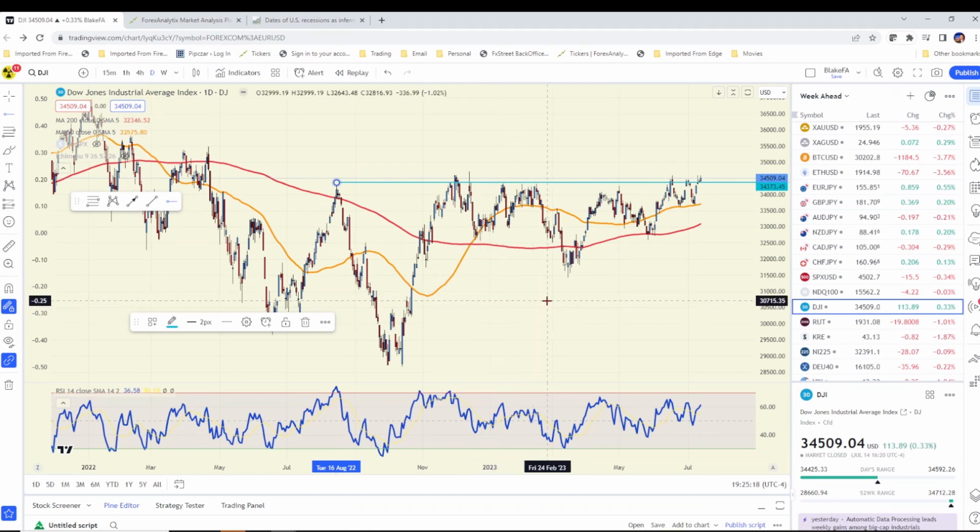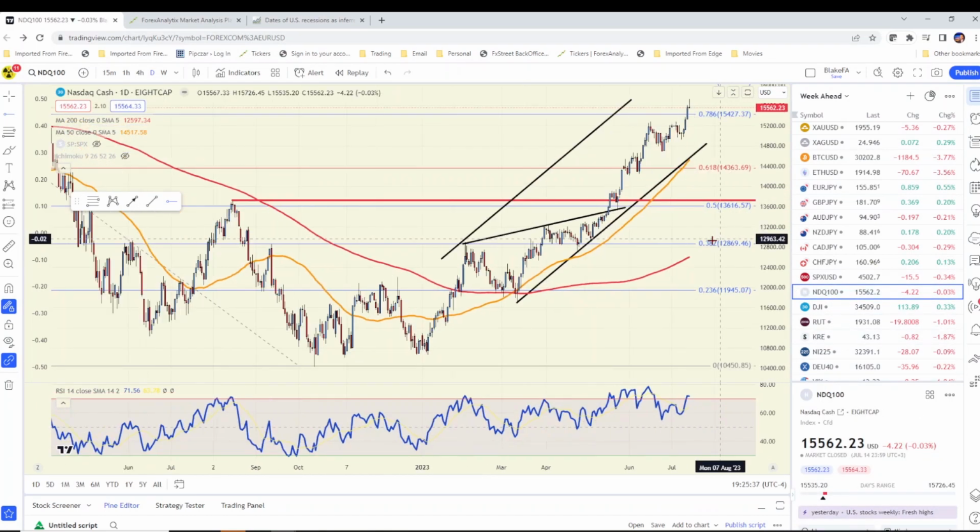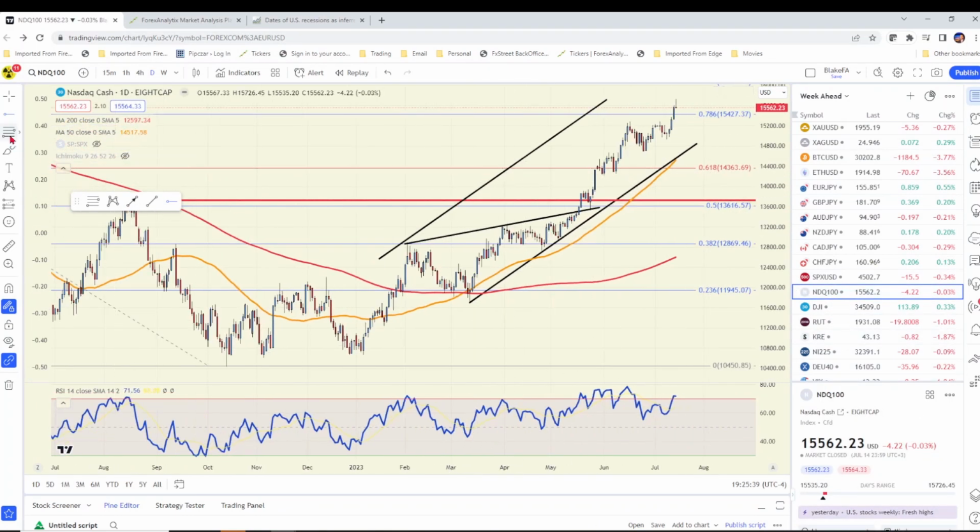So keep an eye on some of these big resistance levels that we're probing. Obviously, if we break out in the Dow, that's going to give further reason for the S&P to rally. But if we continue to stall here, you might look at a bit of a reversal in the Dow.